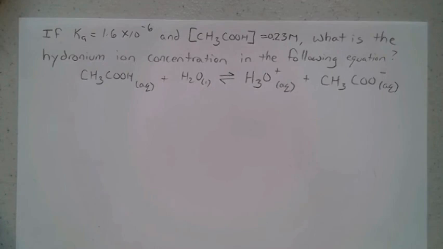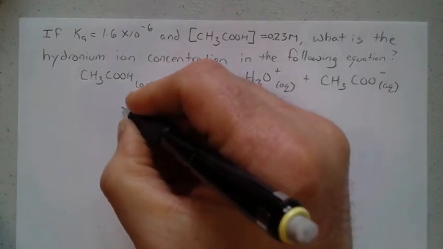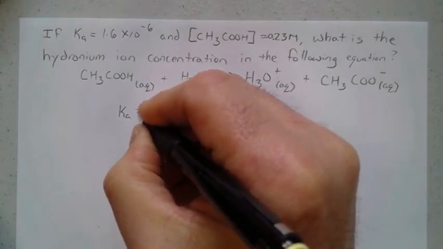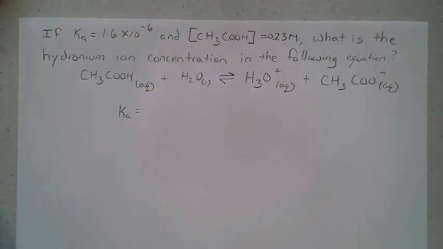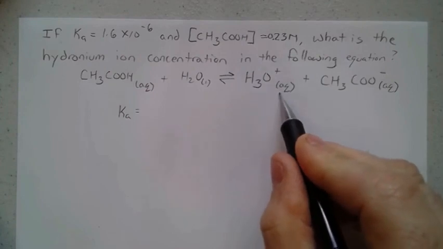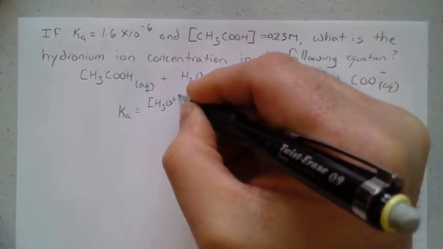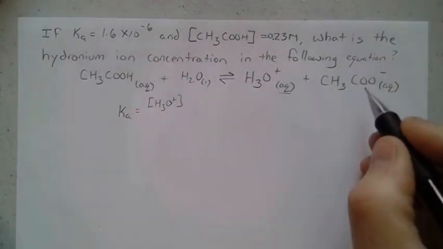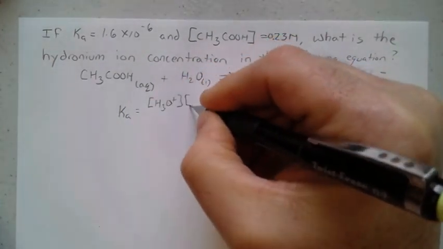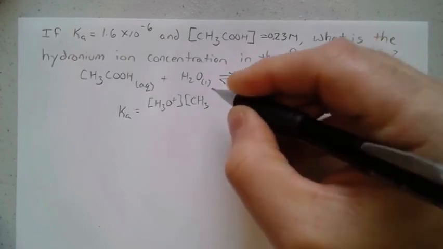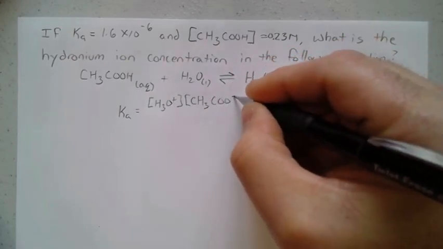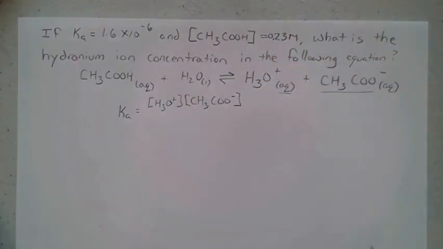So the first step is we have to write out the Ka expression. So we have Ka, just like Keq, it's products over reactants. So this is an aq, so I'm going to take the concentration of hydronium and then multiply by the concentration of acetate, which is this ion here.